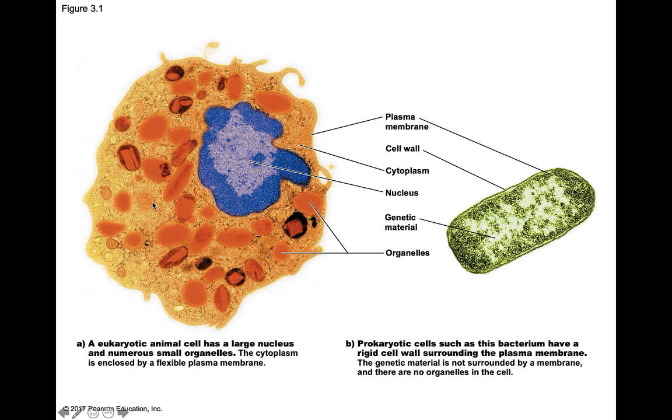Now here we can see a figure comparing the animal cell, or eukaryotic cell, on the left, and the prokaryotic cell on the right. And notice the difference. You can see that in that animal cell, there are lots of substructures held by a membrane, and a large nucleus that's not always going to be central.